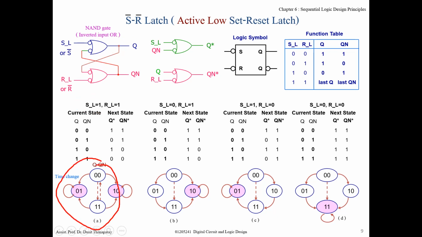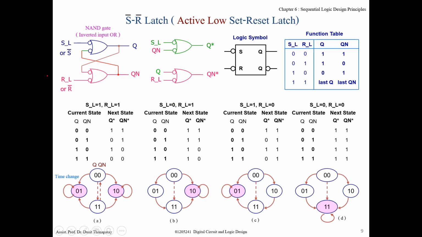Let's take this one. And if you apply 0 here, inverted becomes 1, right? And OR 1 with anything is 1. So it will be set when you apply input S, active low, with 0. So it's stable at 1, Q is 1 when S is 0.